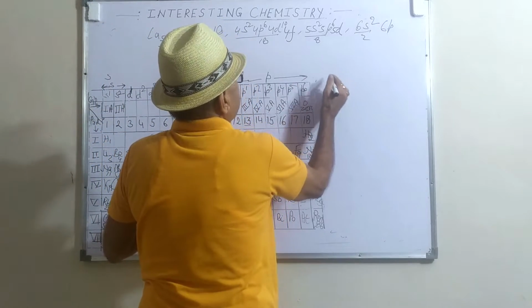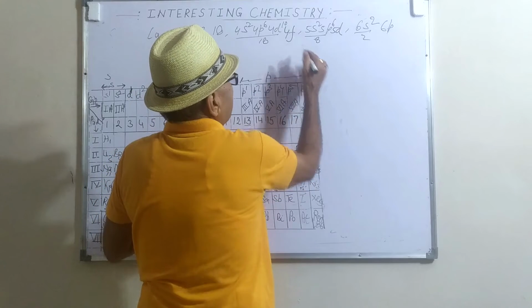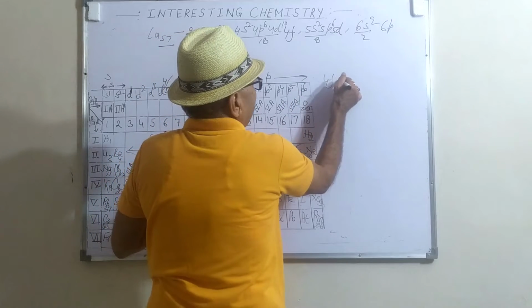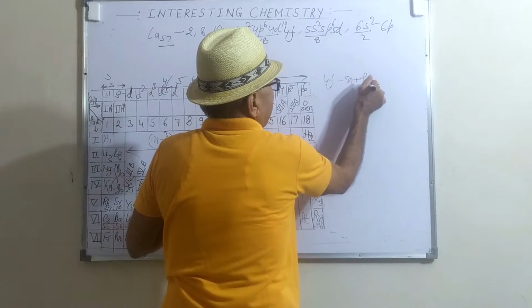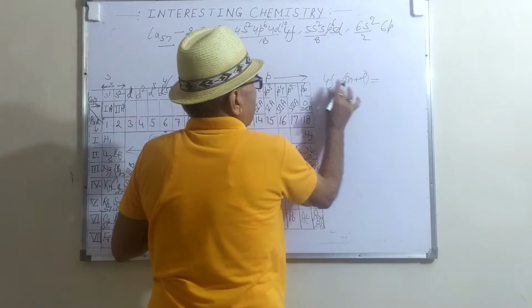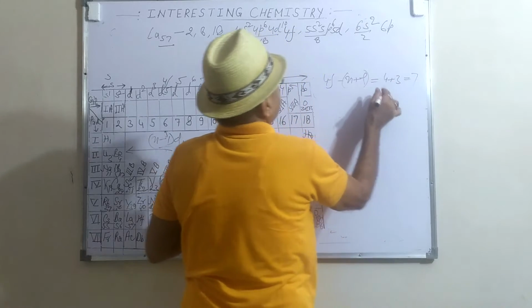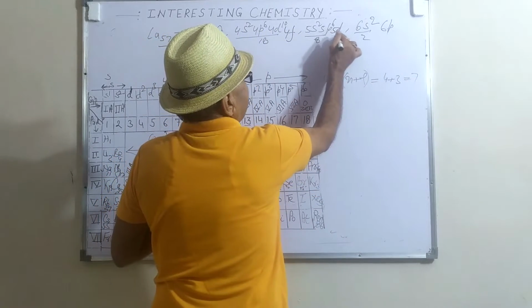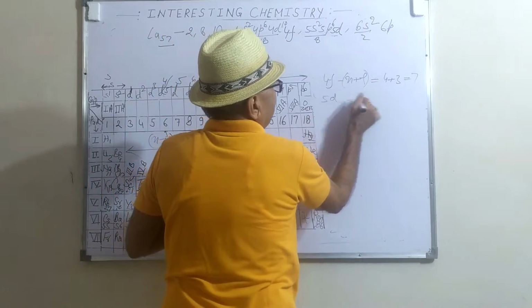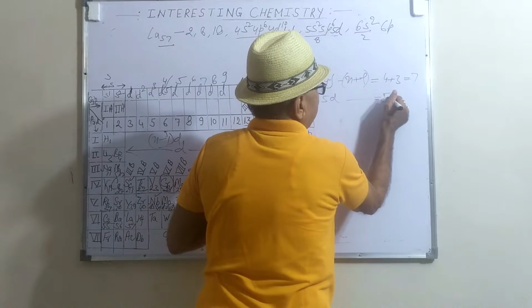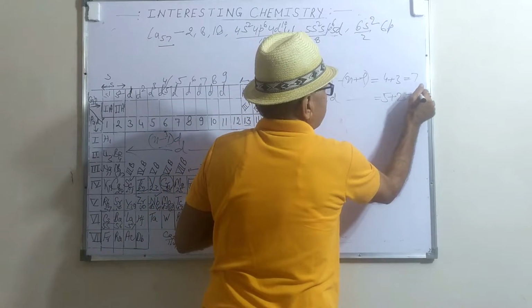For 4f, n plus l is 4 plus 3, equal to 7. For 5d, it is 5 plus 2, also 7.